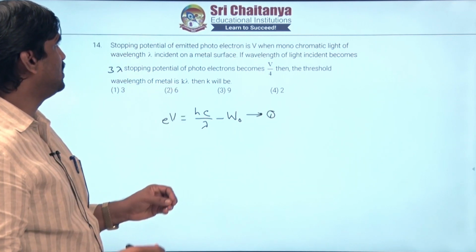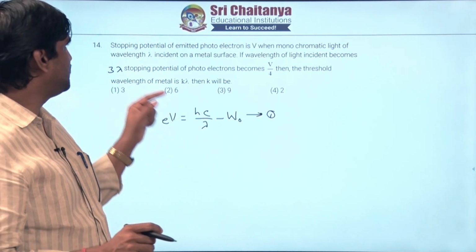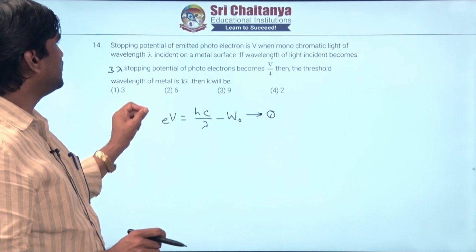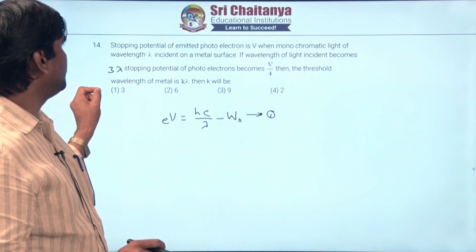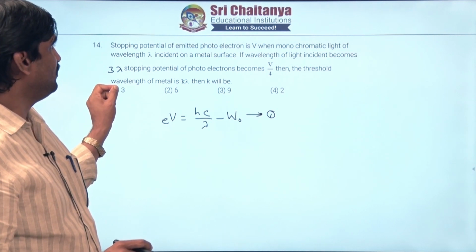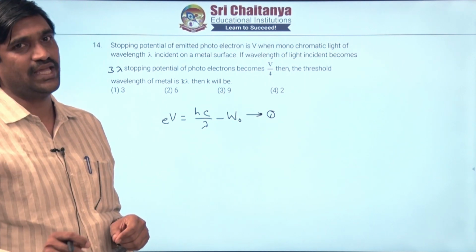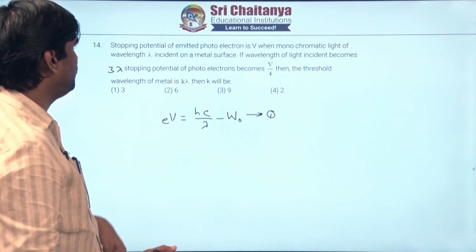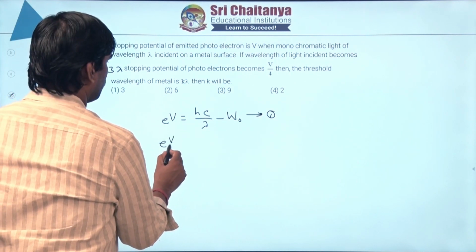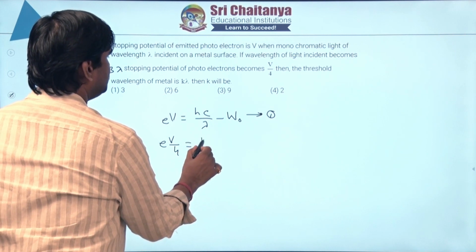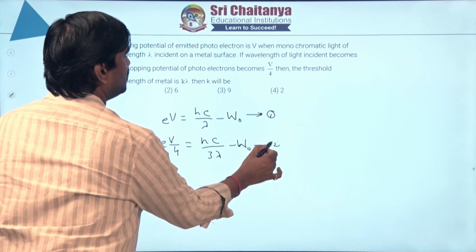Whereas in the second statement, if the wavelength of incident light becomes 3 lambda, that means 3 times the initial wavelength, then the stopping potential becomes V by 4. Then they have given that the threshold wavelength of the metal is k lambda. Now what will be that k value? As per the second statement, you can write eV by 4 is equal to hc by 3 lambda minus work function, equation number 2.